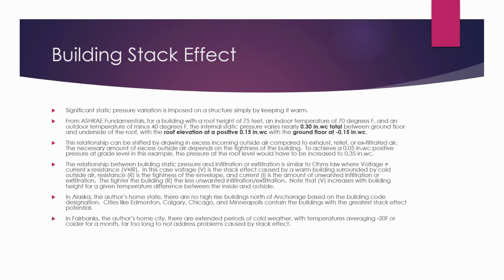So to achieve this 0.05 positive pressure at grade in this example, the pressure at the roof level would have to be increased to 0.35 inches of water column. Turns out that that's nearly impossible to do. So you end up running buildings at a negative pressure at the ground floor on these taller buildings.